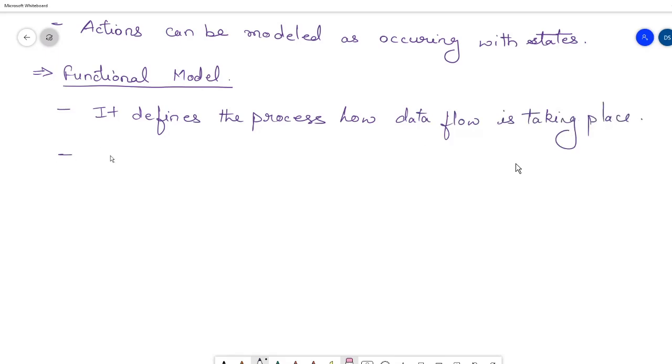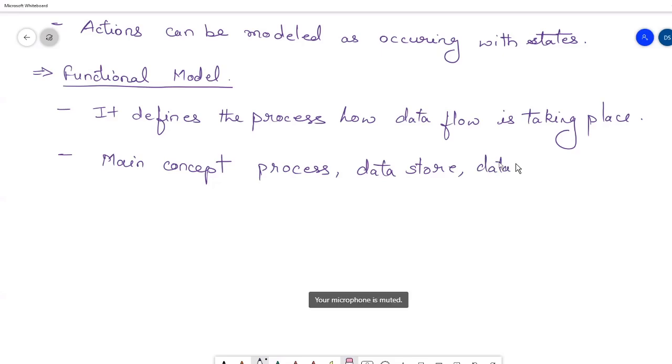That means the main concept is process, data store, data flow, and actors. These would be the important components of the functional diagram.